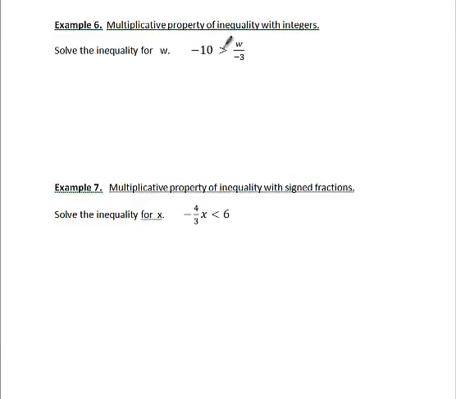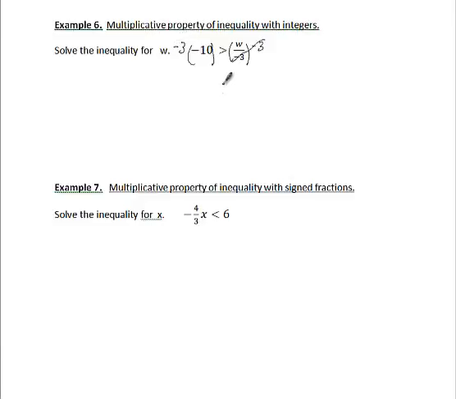Okay, so we end up having to do that with this inequality in example 6. W is being divided by a -3, and to undo that, we multiply by a -3. If we multiply the right by -3, we have to multiply the left also. And now that we're multiplying by a negative number, okay, those two things have to be true. We have to be multiplying and we have to multiply by a negative number.